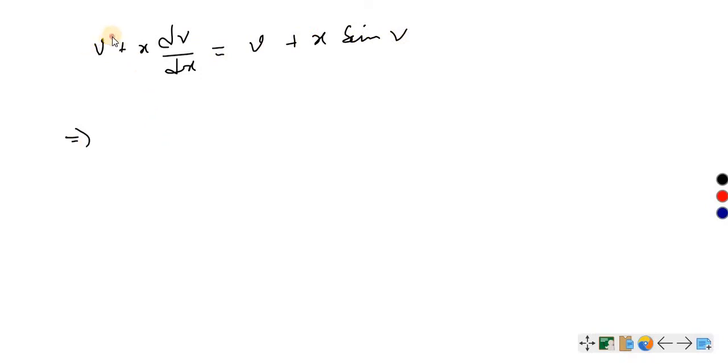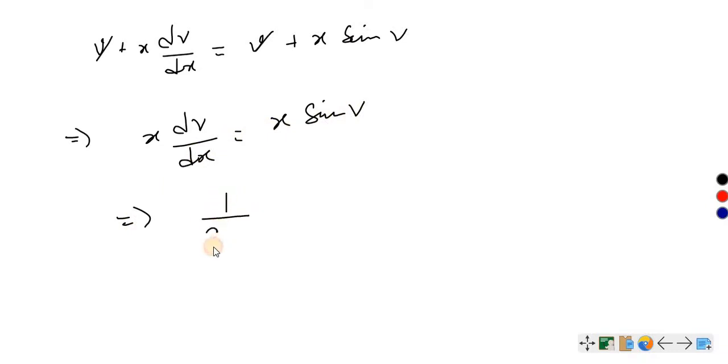So certainly v and v will cancel out and you will be left with what? x dv by dx is equal to sine v. So if you see here, we will be left finally with what? 1 by sine v dv is equal to, here x and x will cancel out and we'll be left with only dx.